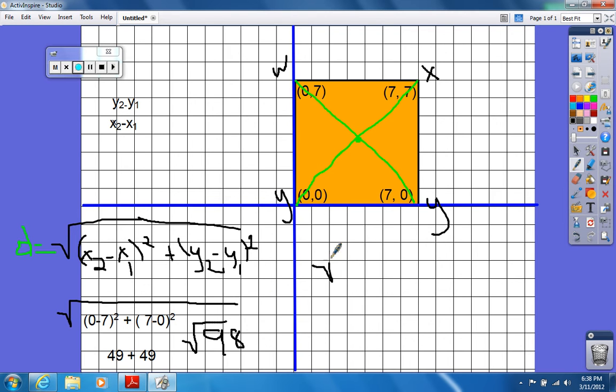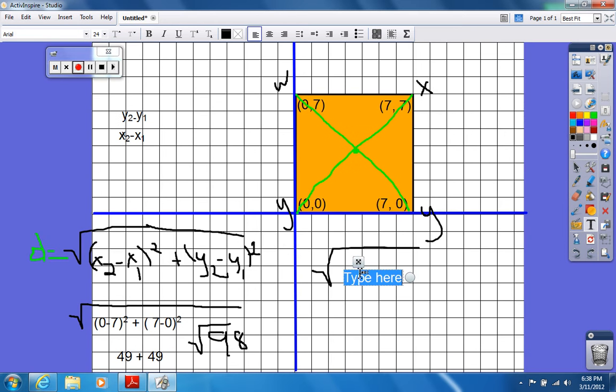So it is going to be the square root of 7 minus 0 squared plus 7 minus 0 squared again.